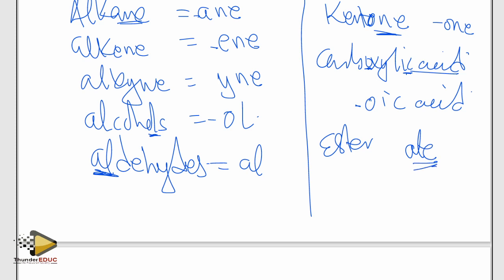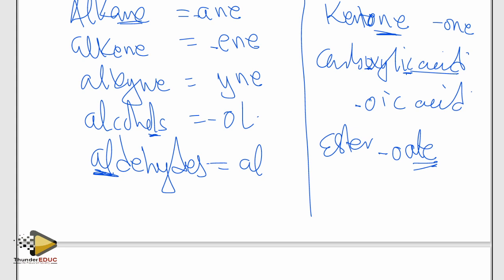Whenever you say ate, it means something which is a salt or negatively charged, like nitrate, sulfate. I'm not saying that all negatively charged molecules end with it, but in most cases salts are negatively charged, therefore they end with ate.